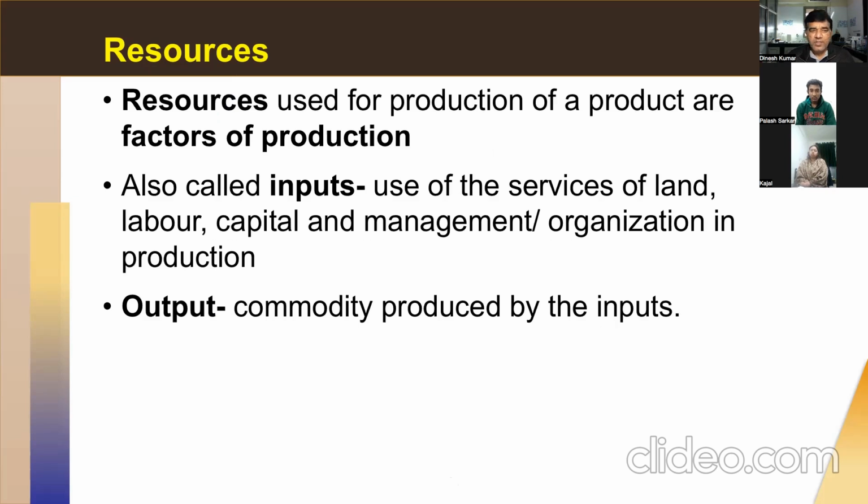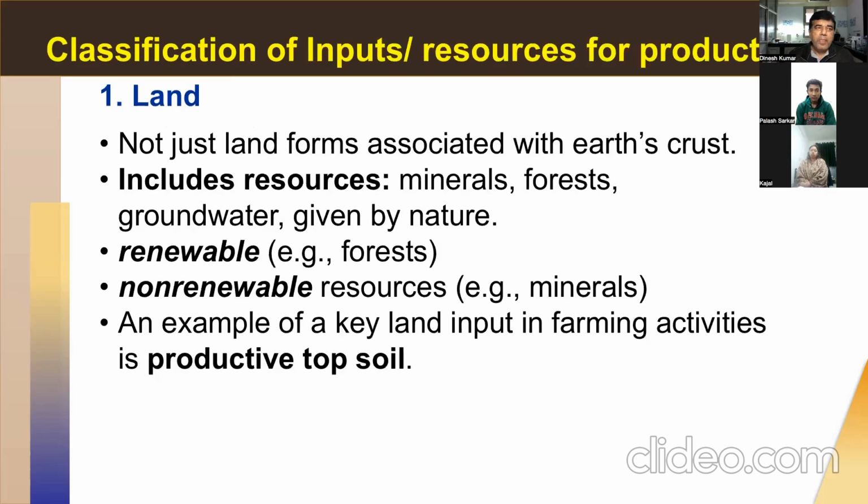These are all resources. Output is the commodity produced by the inputs. Now, see land. It is not just soil, not just landforms associated with Earth's crust. It is not mountains or just valleys or just flat land. It includes resources like minerals, forest, groundwater, all given by nature.